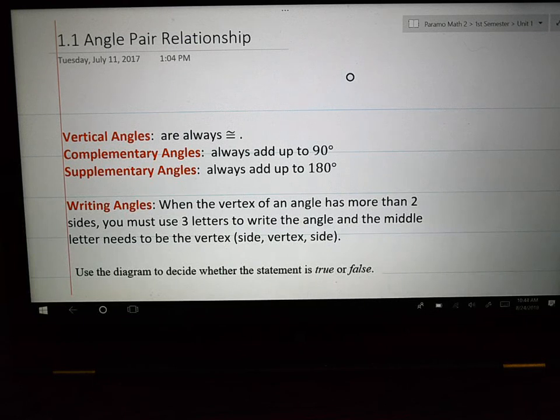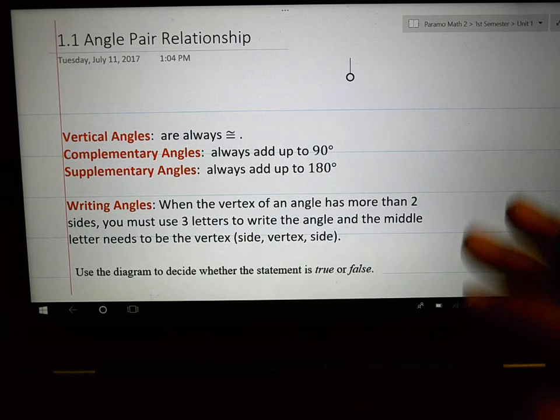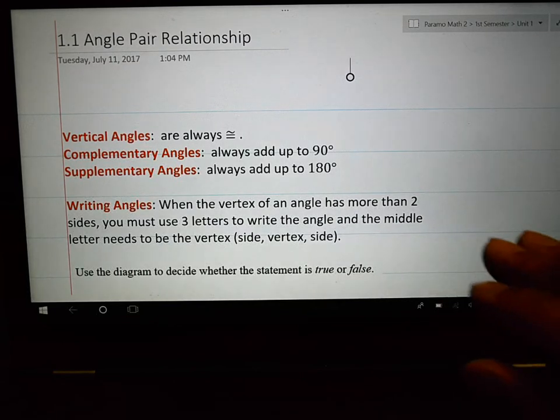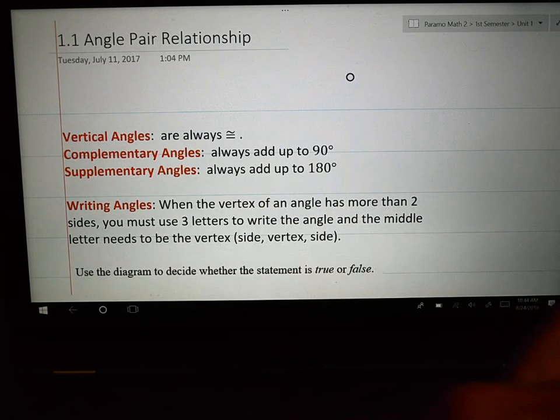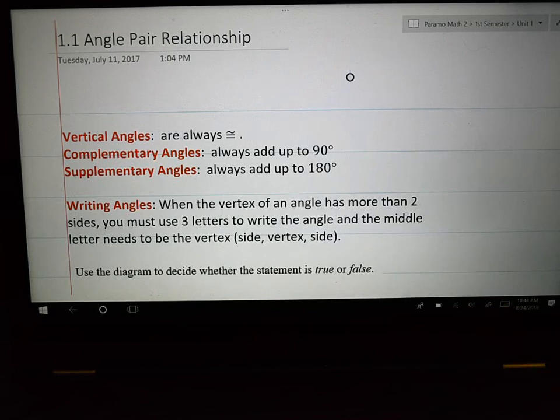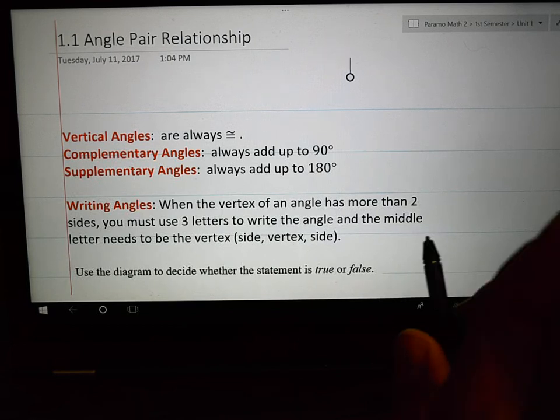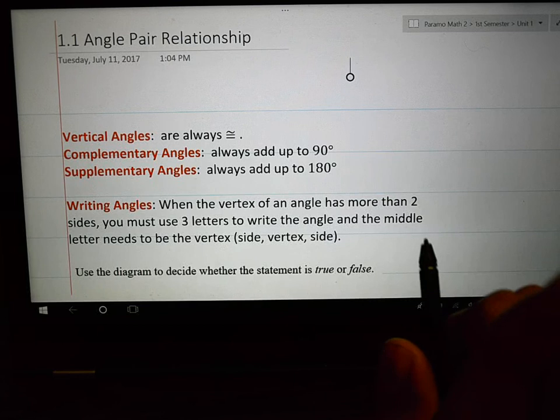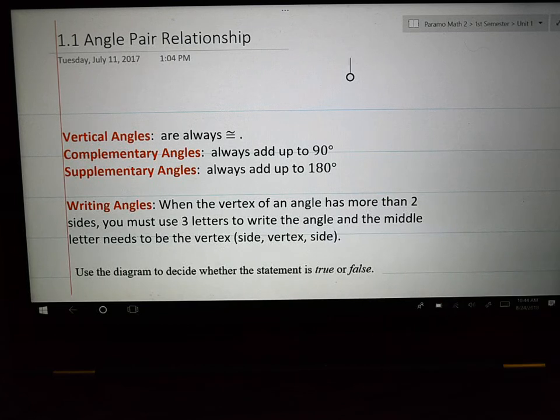In 1.1, this is where we're going to actually start dealing with the math that we're going to test you on for Unit 1. All the problems that we have in 1.0 or 1.1 deal with the words we had on the vocabulary worksheet, and then those equations that we were working on with 0.1 and 0.2 and how to solve an equation, that's going to show up again here as well.